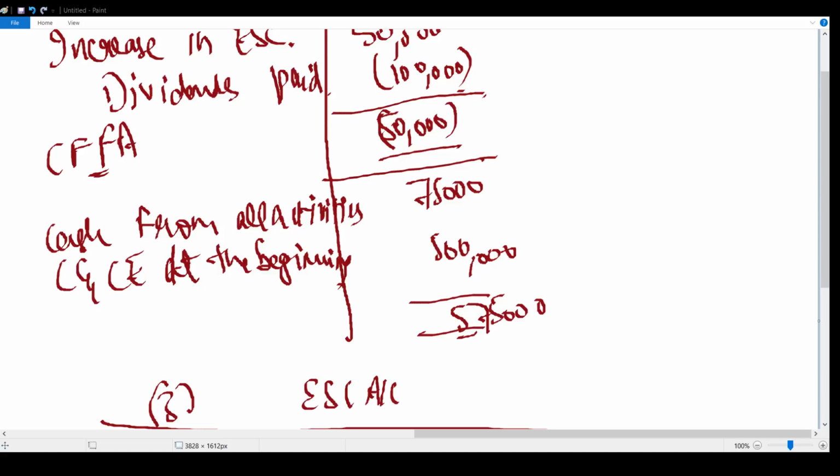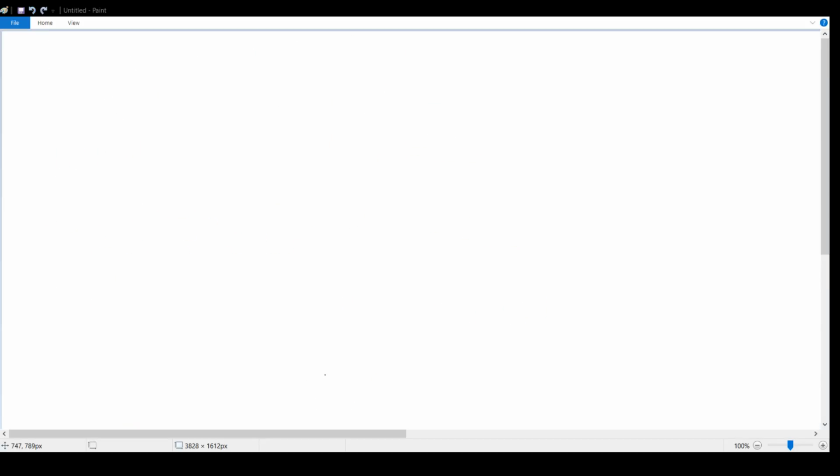On the basis of the following information, prepare cash flow statement for the year ended 31st March 2015.